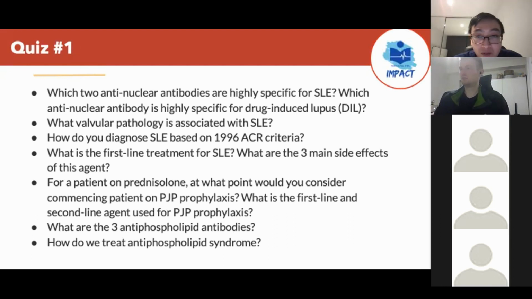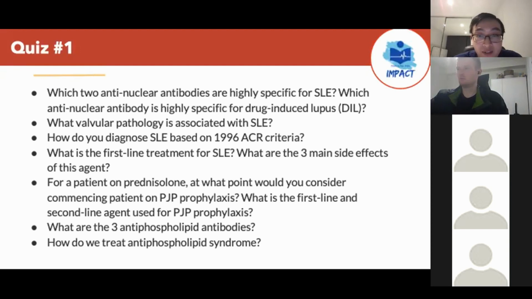Cool. What's the first line agent for PJP prophylaxis? Bactrim. And what's the second line agent? Dapsone. Fantastic. What are the 3 antiphospholipid antibodies? It's a mouthful, but lupus anticoagulant, anticardiolipin, and anti-beta-2 glycoprotein 1.